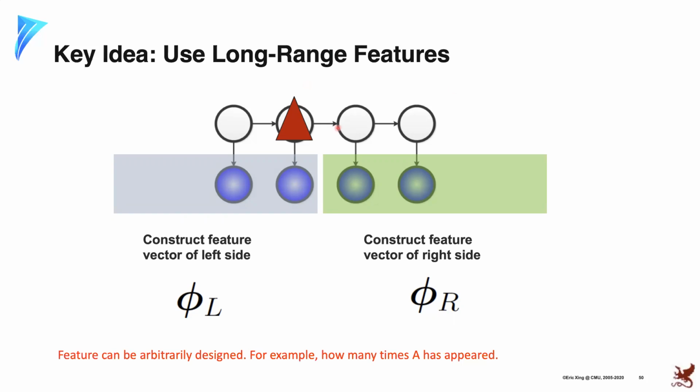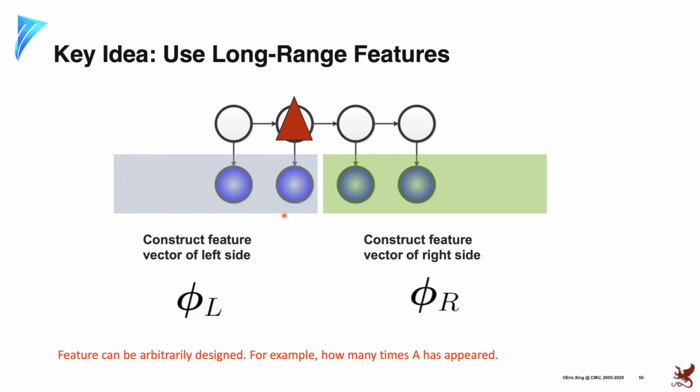For example, starting at this variable x2, we can represent it as a vector that reflects the left-hand side sequences. How long these sequences are and what information they contain is by design.